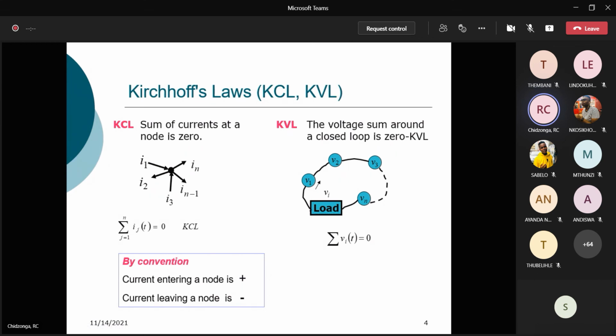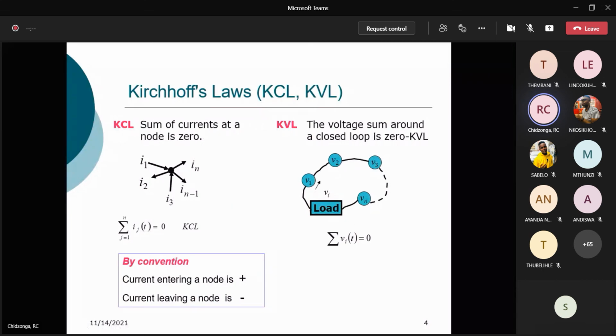There is no difference in what we have learned in Eng 1 in terms of these two laws. Kirchhoff's current law, or popularly shortened to KCL, simply states that the total current flow at a node is 0. And that is what this statement is saying in mathematical form.